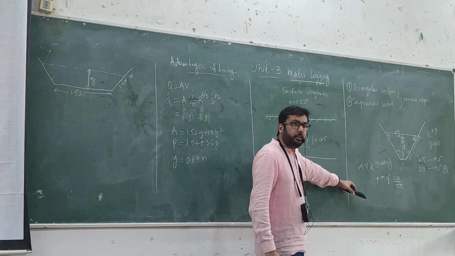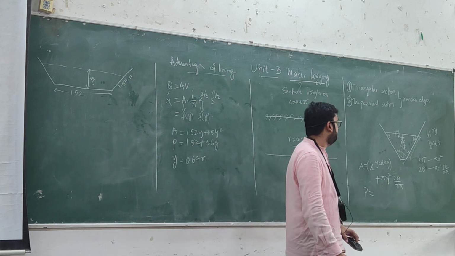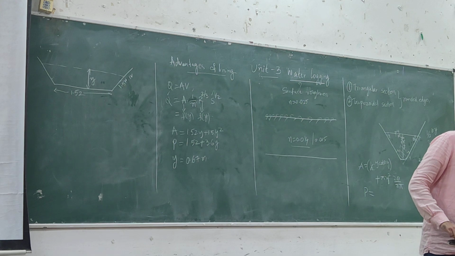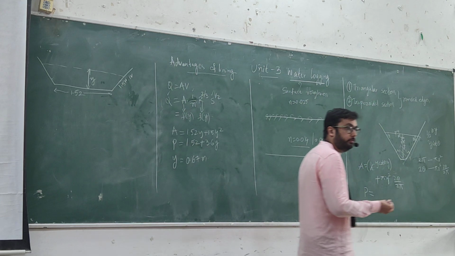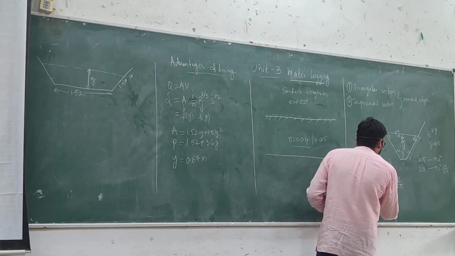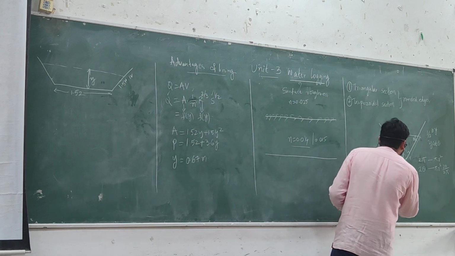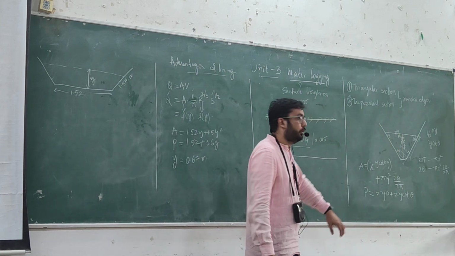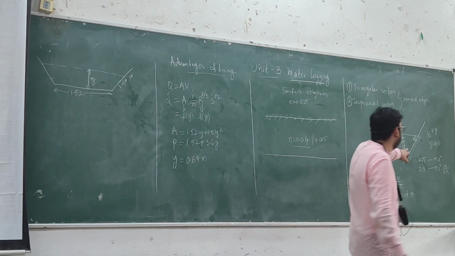So now we got the area, and you can also calculate the perimeter. So what would be the perimeter? Two y theta plus... now both of them have become a function of the flow depth y and the side slope theta.